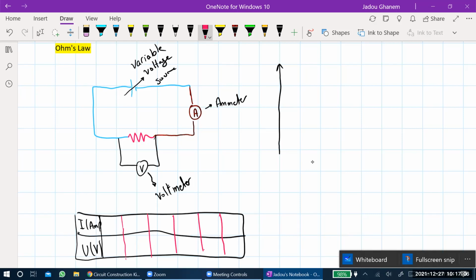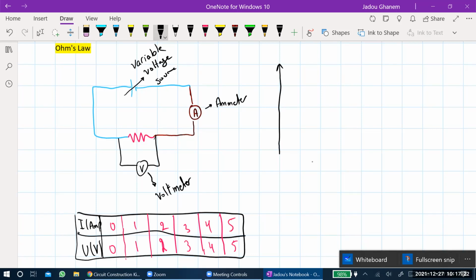We'll take just a set of values. For voltage, let's say from 0, it will be 0. From, let's say, 1, 1, 2, 2, etc. I'm just putting random numbers to show how to use the formula.